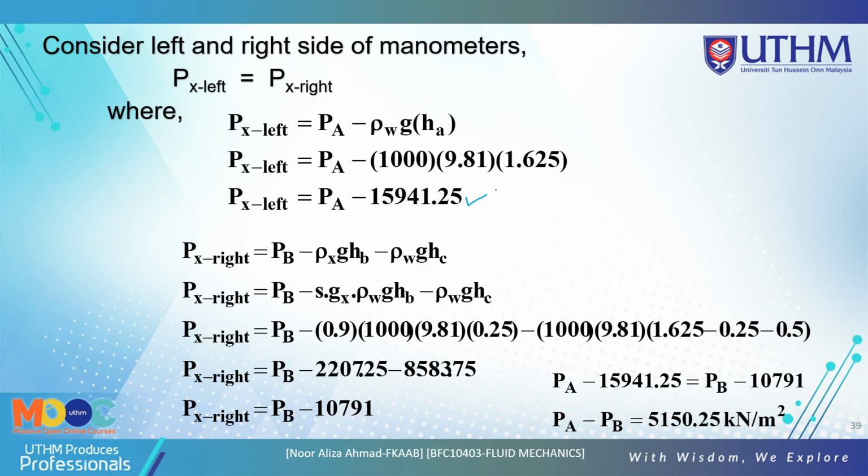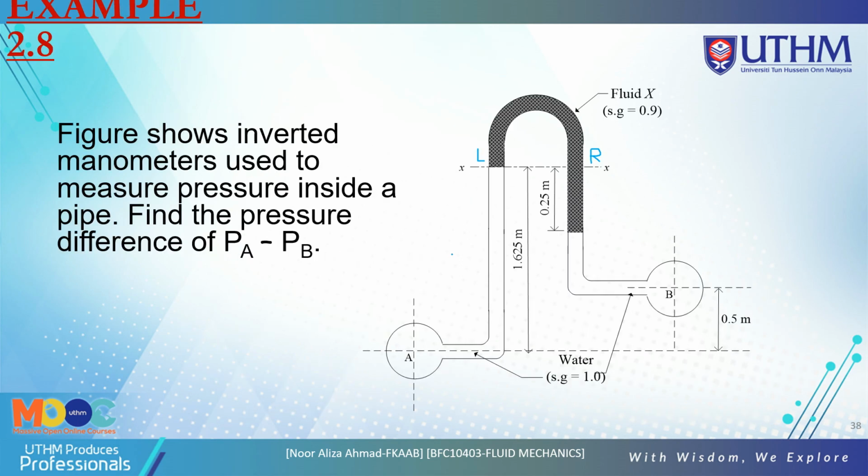So you get the left side here. So now you look at the right. So the right is based on the pressure at B minus density of water with the height of 1.625 minus 0.25. So you get the height here.